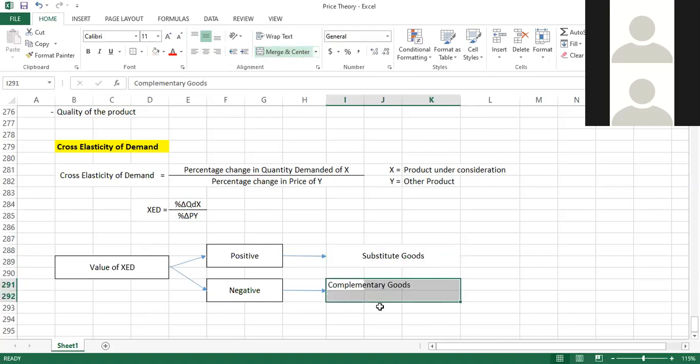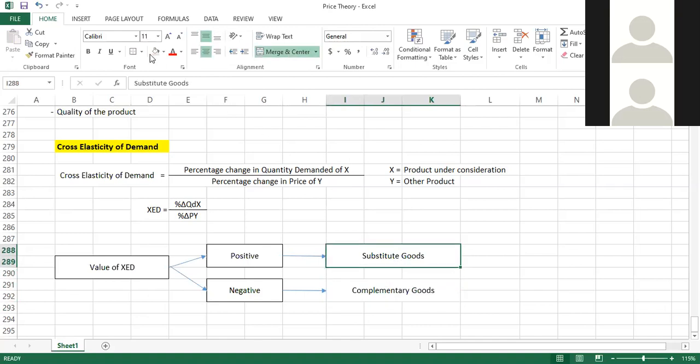Using a similar example, if you still consider butter as the product under consideration, what will be the complementary good? Bread. Bread and butter, right? Now butter is the own product under consideration, and the other product is bread. When the bread price increases, what will happen to butter demand? Butter demand decreases, so it is a negative relationship.